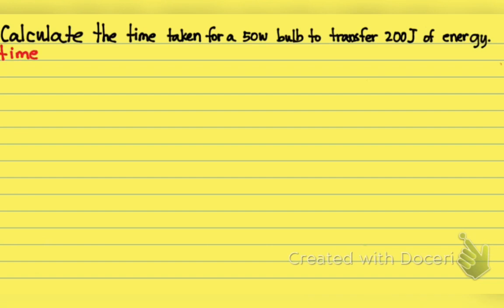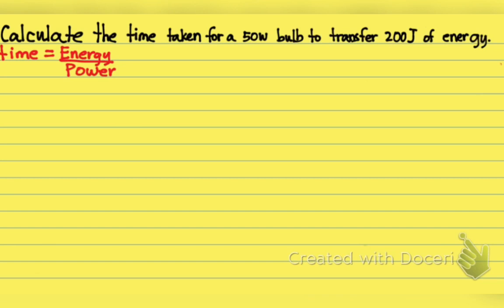I go back to my formula triangle. Time is equal to energy over power, or in other words, energy divided by power. In my formula triangle, if I cover up time, it gets me to energy divided by power.